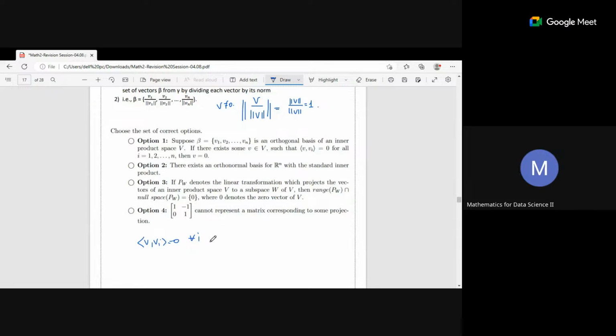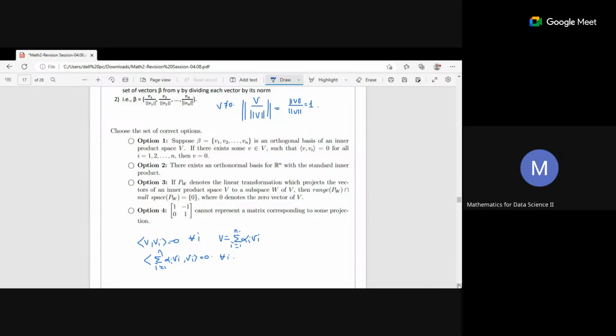Why is this v 0? See, first of all, this is a basis, correct? You can write v as a linear combination of these entries, summation i equal to 1 to n alpha i Vi.